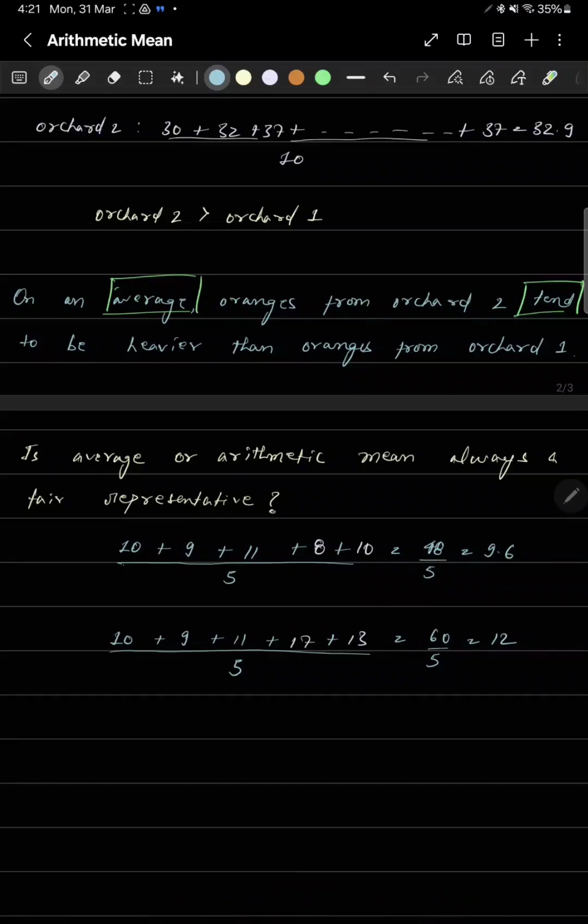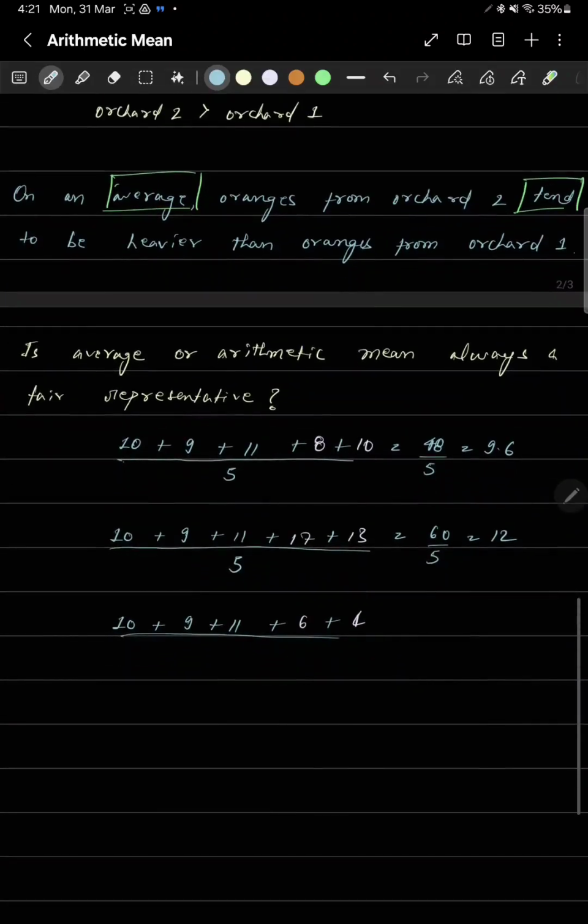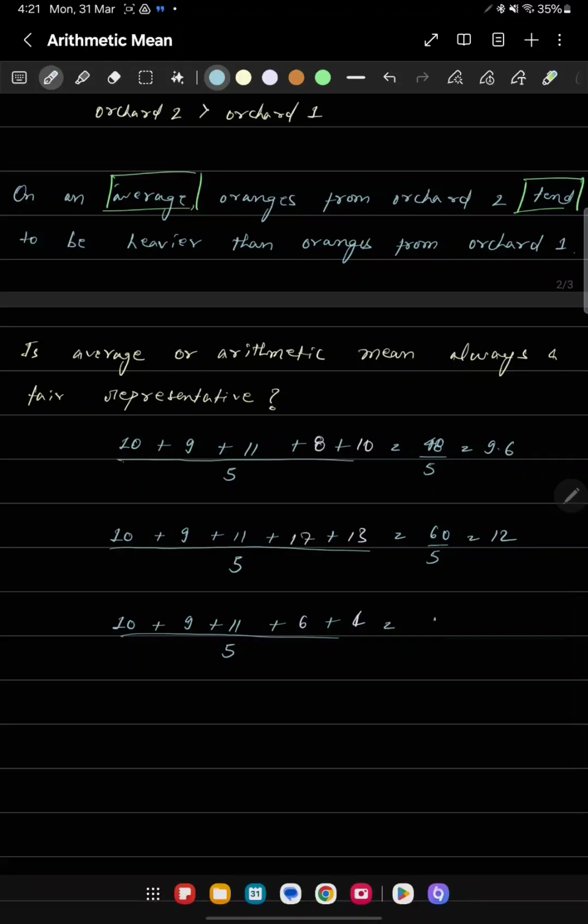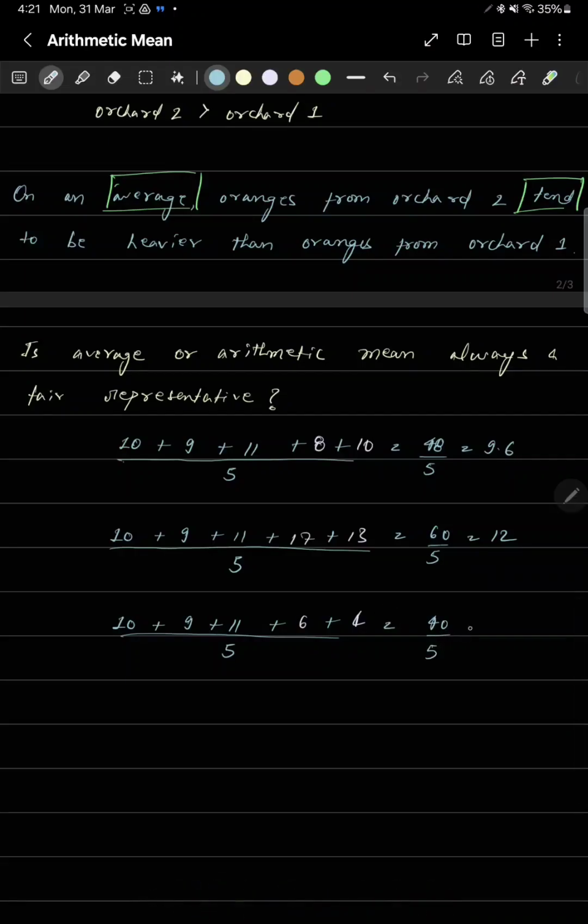Another set: 10 plus 9, 11 plus 6 plus 4. This is 5 numbers. This is like 40 by 5. We get 8.